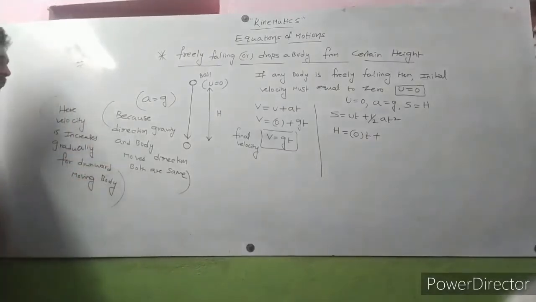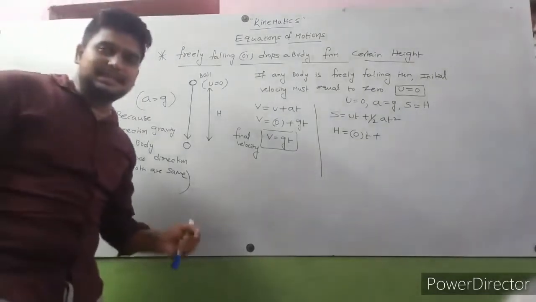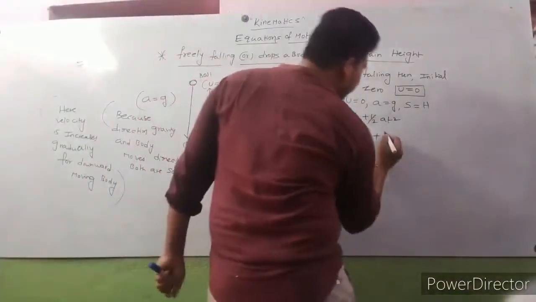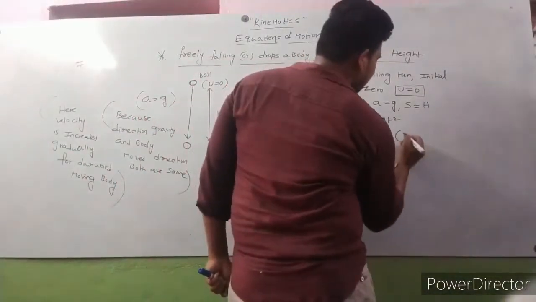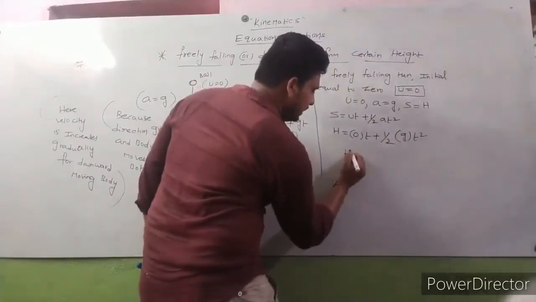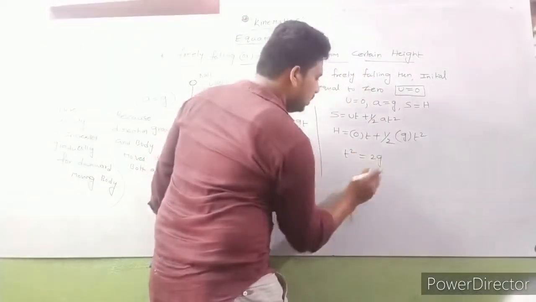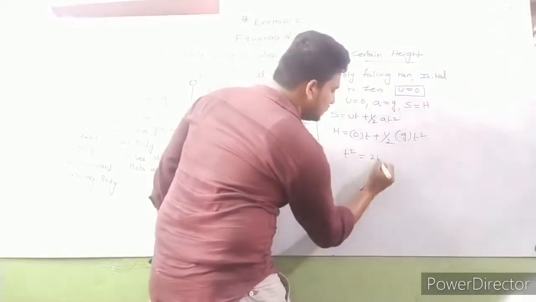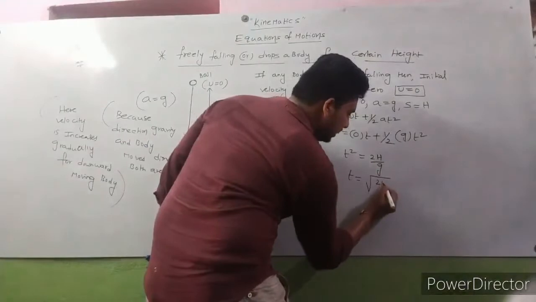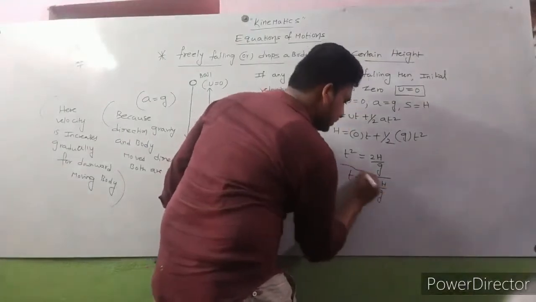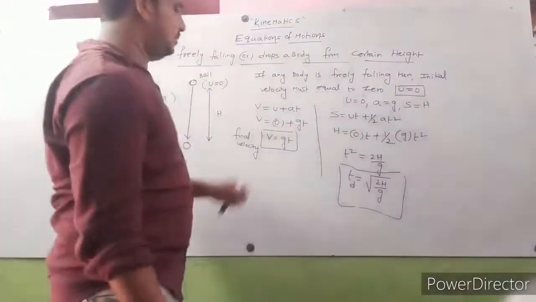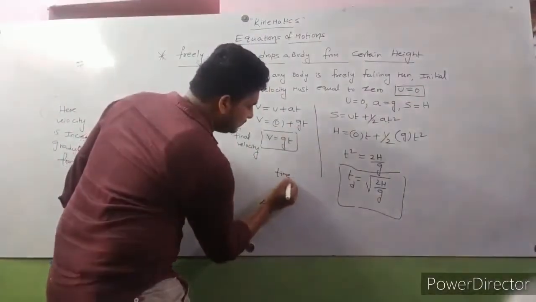Velocity decreases gradually for an upward moving body. This is very important. Half into acceleration value is g into t square. From this, t square is equal to 2h by g. Then t is equal to root 2h by g. So this is nothing but TD, time of descent.